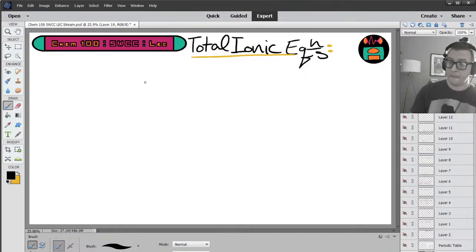Starting with, for example, the double displacement reaction that we saw earlier.